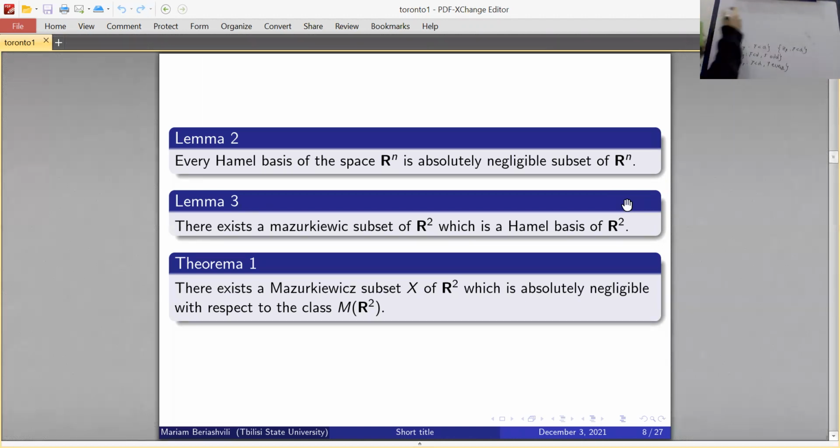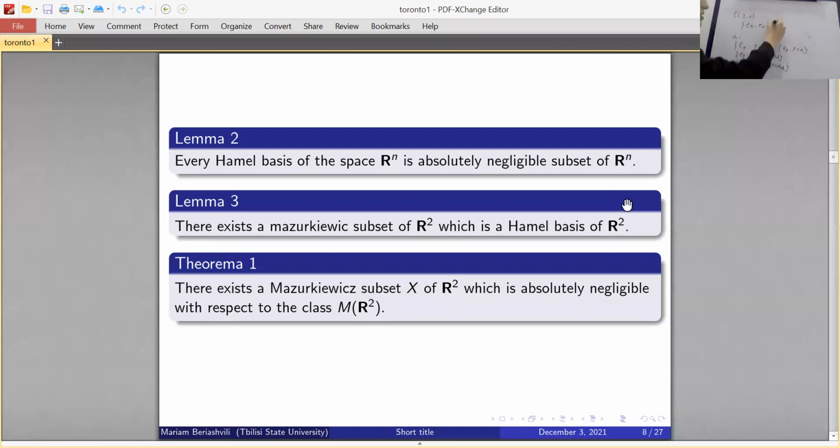Okay, I need a symbol L. For example, L(y, z) will be the straight line which passes through the points y and z. Now we need to construct an increasing alpha sequence of sets Y_ξ, ξ less than alpha.